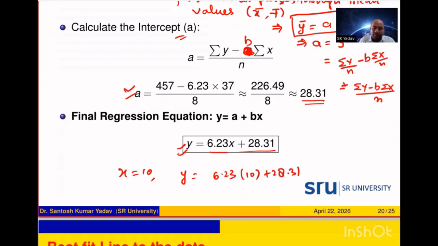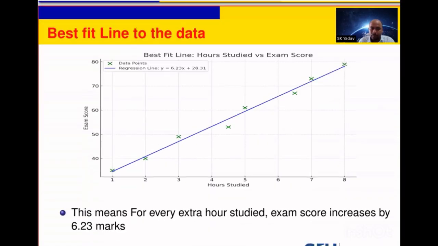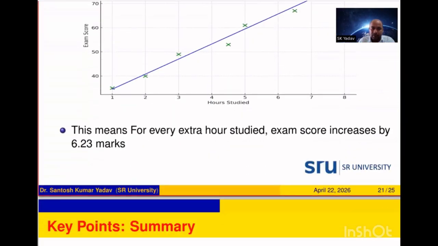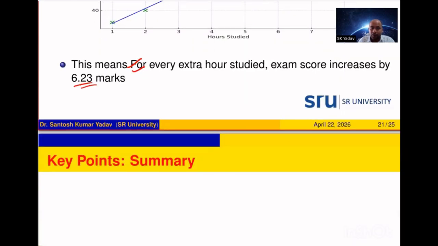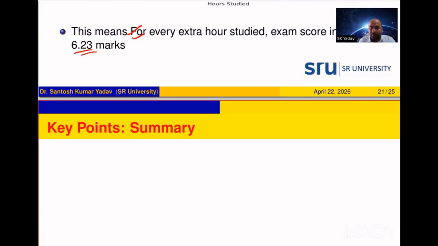So this is the prediction of y values from the obtained line. And this means for every extra hour studied, the exam score increases by 6.23 marks. So this is all the concept I explained here.